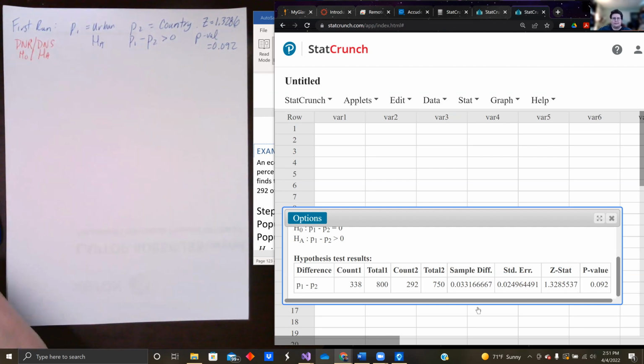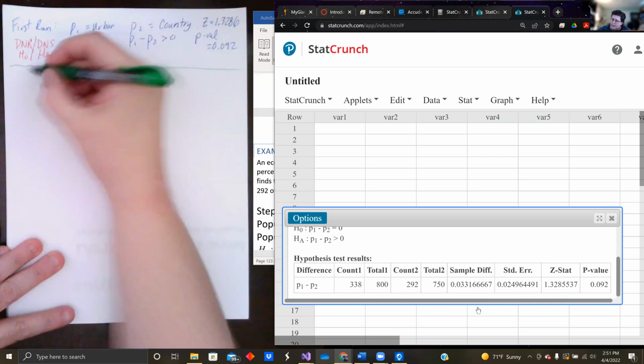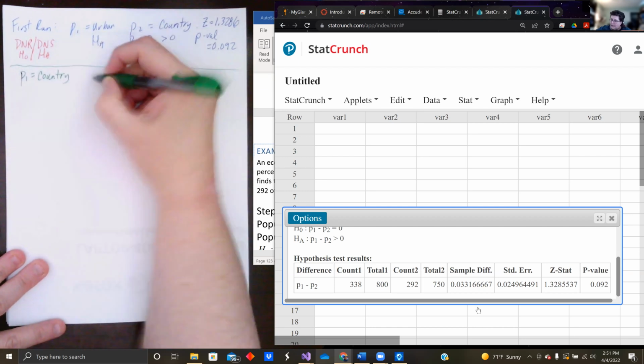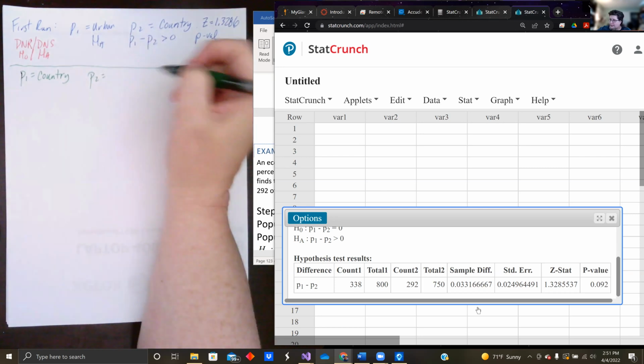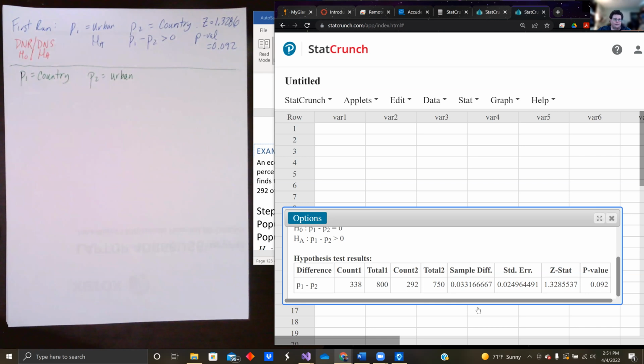What happens if I switch this around? So now I'm going to say P1 is country and P2 is urban. Now, the first thing that I really need to note is I need to make sure I put the right data with the right group.